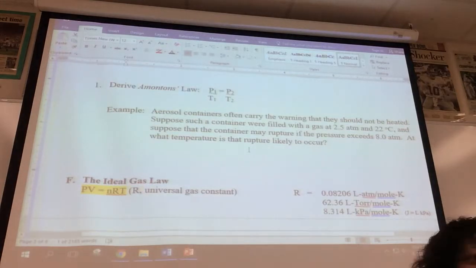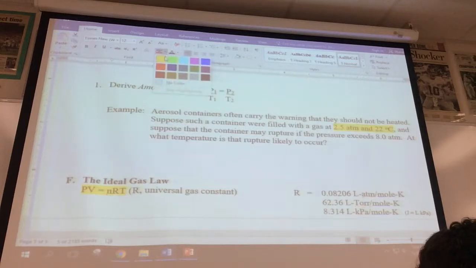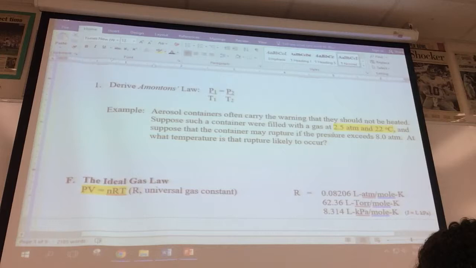So this example says aerosol containers often carry the warning that they should not be heated. Suppose such a container were filled with a gas at 2 atmospheres and 22 degrees Celsius, and suppose that the container may rupture if the pressure exceeds 8 atmospheres. At what temperature is that rupture likely to occur?